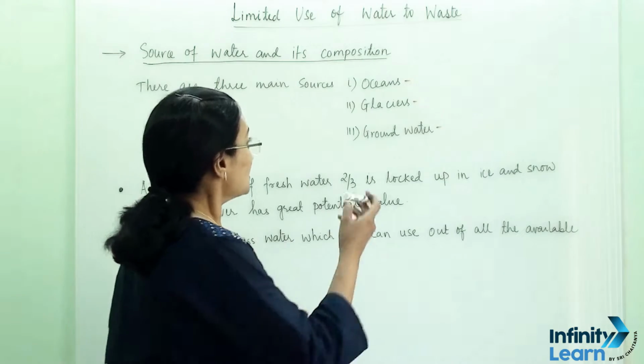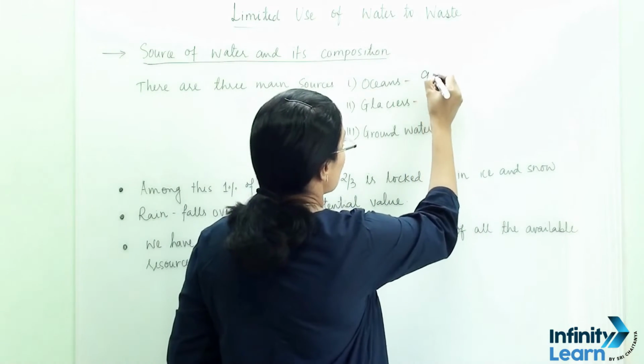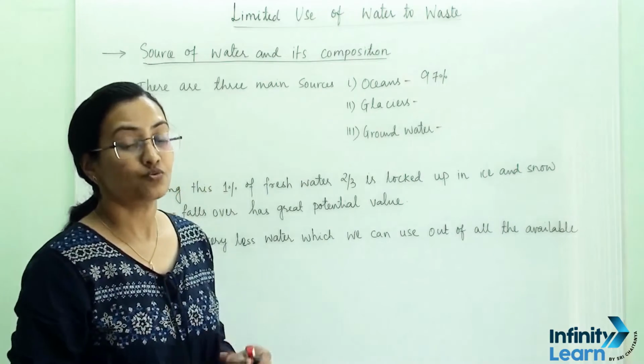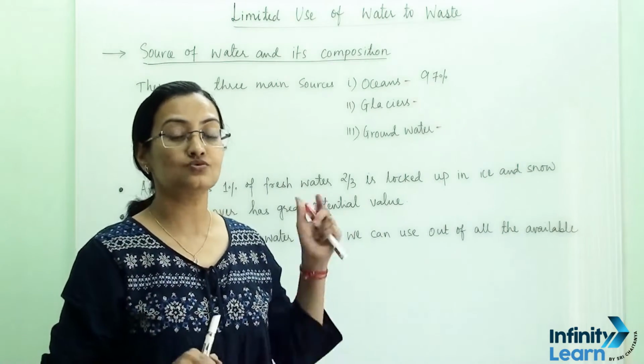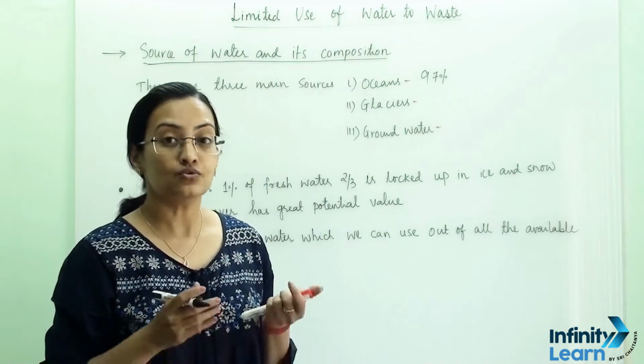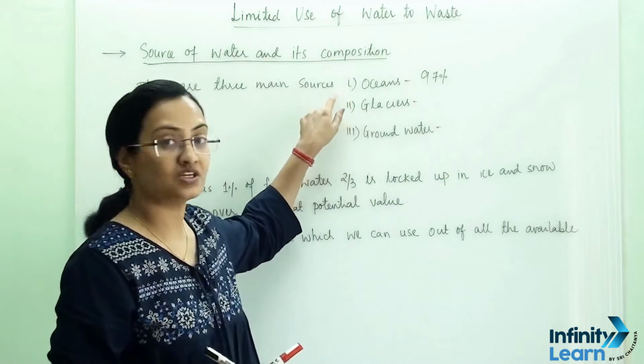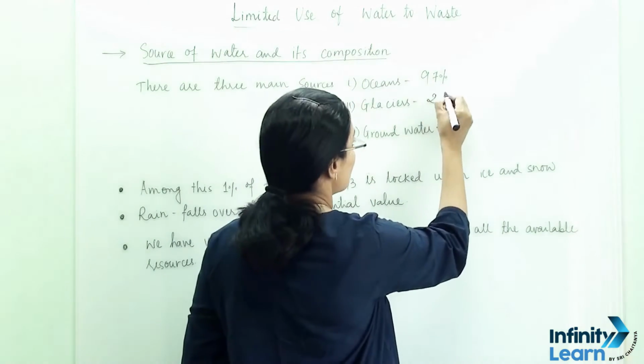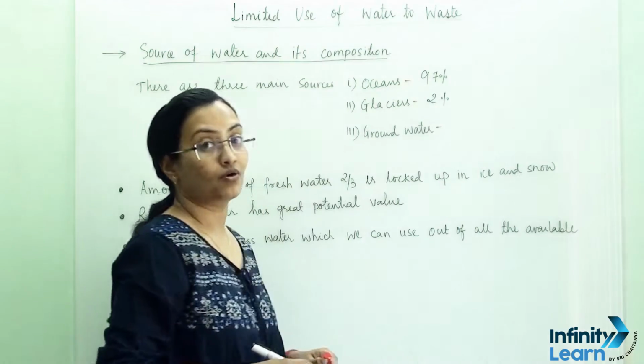Now, all the oceans together contain 97% of the water, but this water we cannot use because it is salty. So in routine life we are not using this ocean water. Then glaciers have 2% of the total water on the earth.